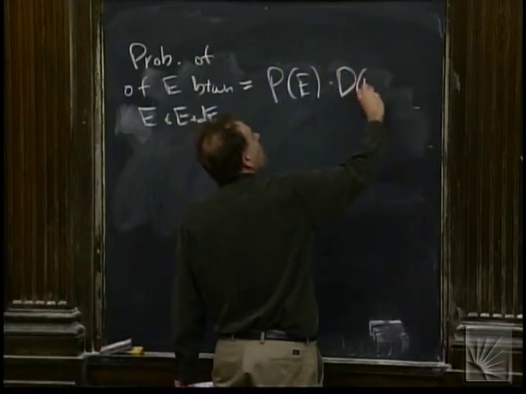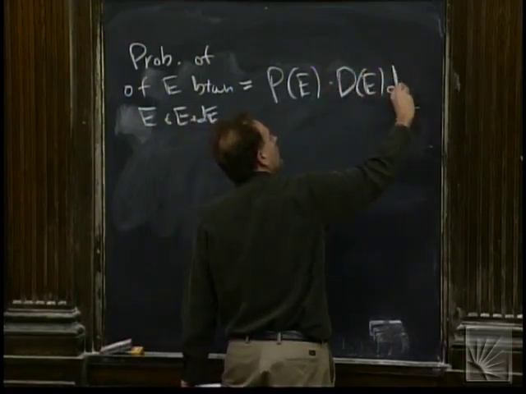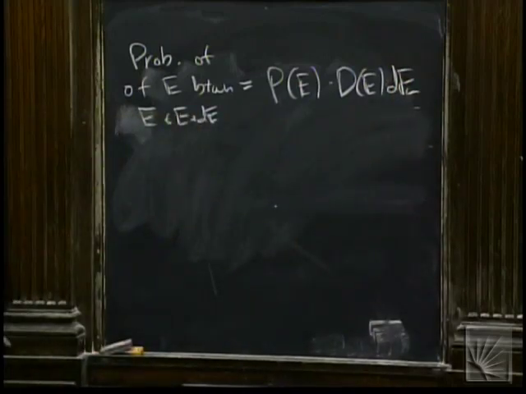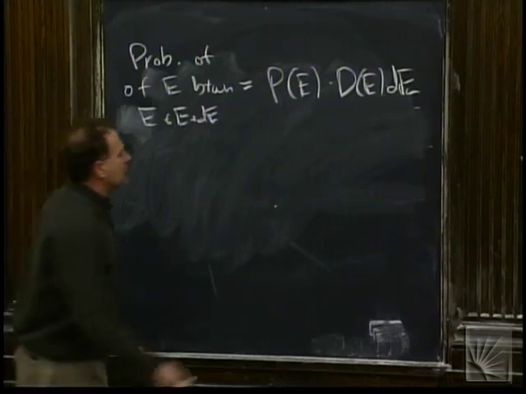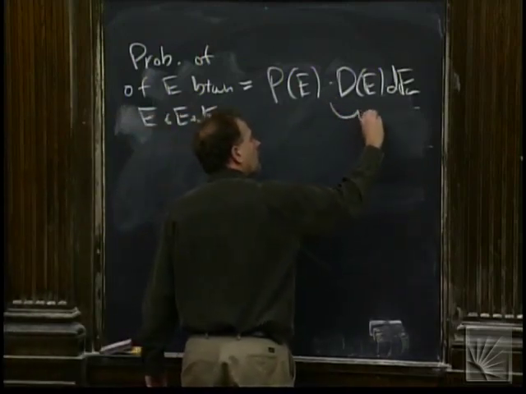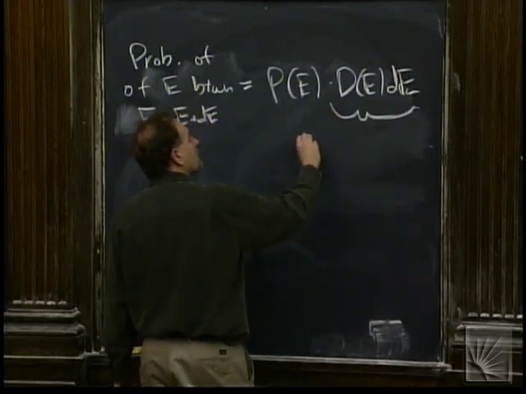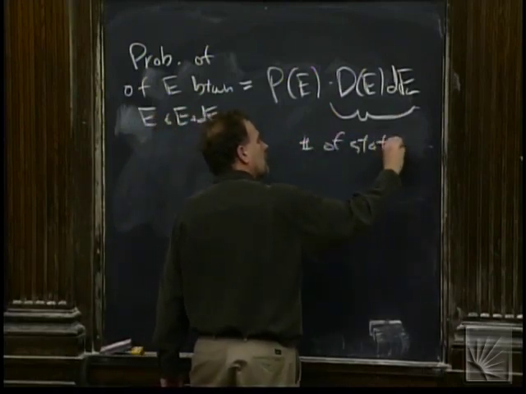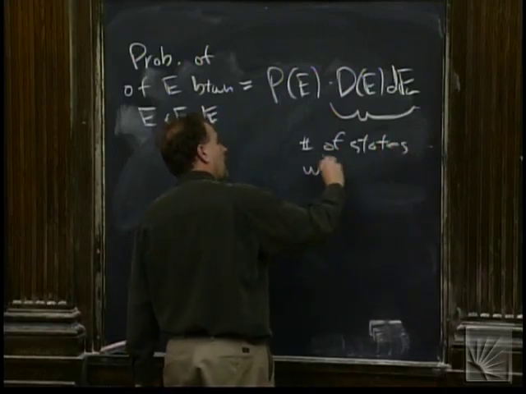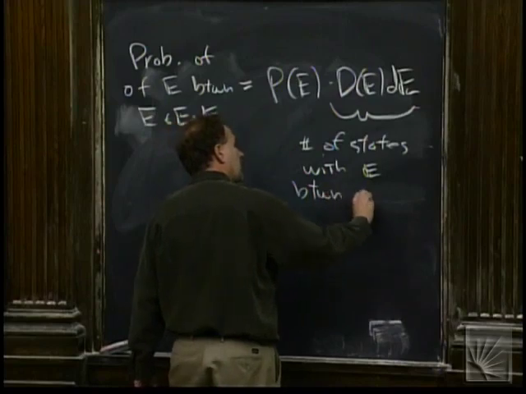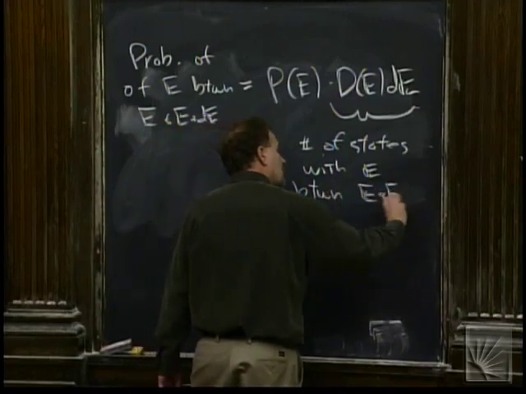But this is the way we're going to talk about the fact that at an energy, there may be more than one state. So this term here, I wrote this before, this is the number of states with E between E and E plus dE.